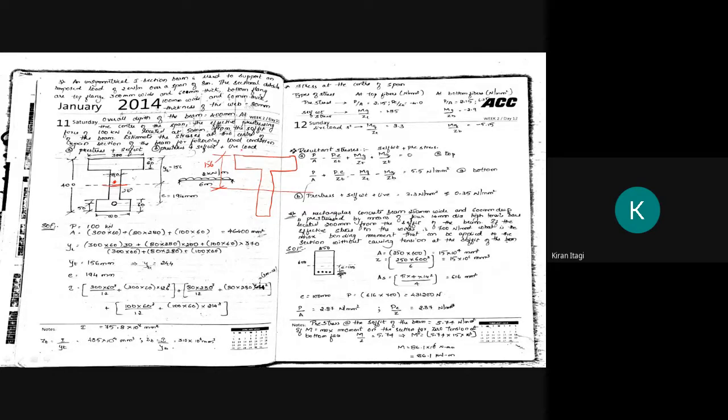If you deduct the depth of 60, and one more thing, this is 140 and this is 140. So 156 minus 60, and if you deduct 140 here, you will get 44. Okay, one second.